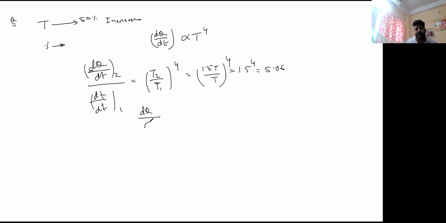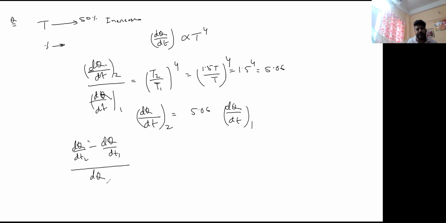So (dQ/dt)2 is 5.06 (dQ/dt)1. Then the percentage increase is ((dQ/dt)2 minus (dQ/dt)1) by (dQ/dt)1 into 100, that is (5.06 minus 1) by 1 into 100, like this. So 406% is the answer.